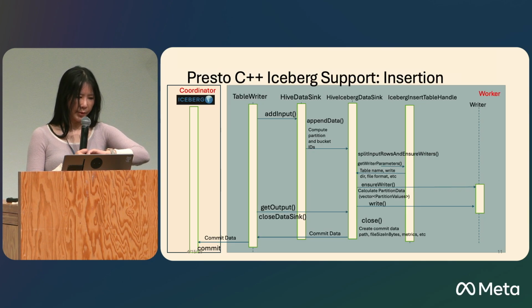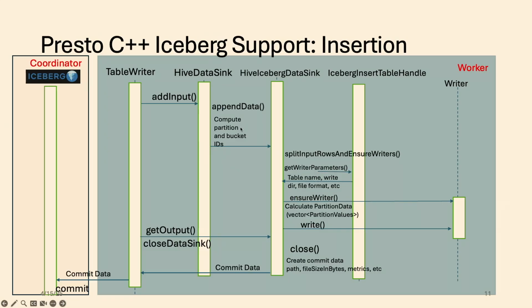Similar to read, the split will be scheduled to the worker, and the worker would do local planning and create the pipelines and drivers, which contain the table writer operator as a data sink. In the add input call, the Hive data sink would call append data, which would calculate the partitions, bucket IDs, and so on.